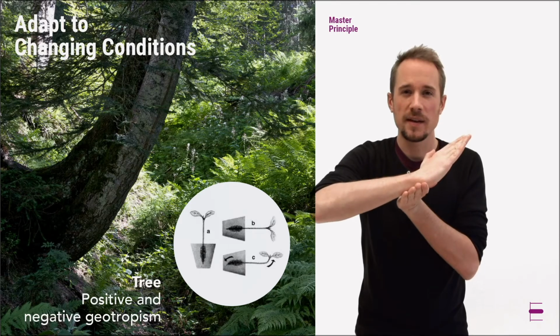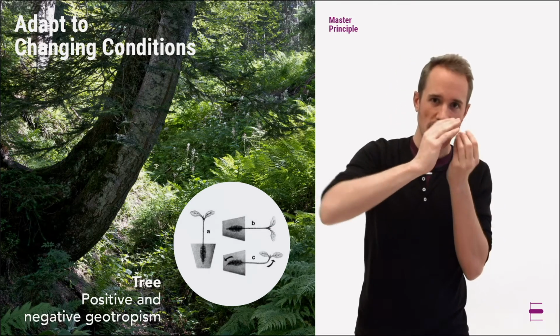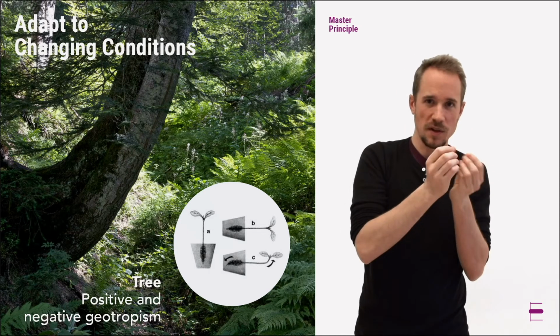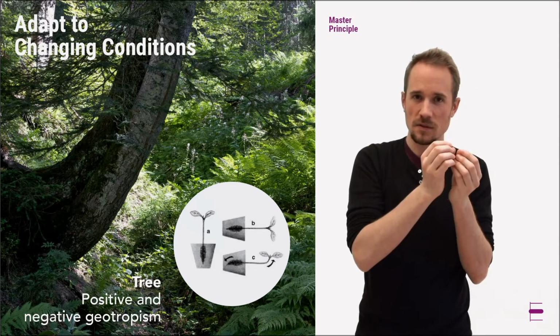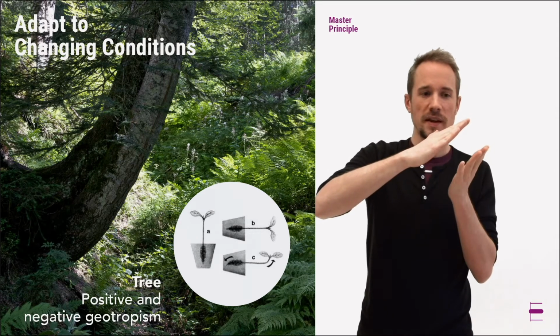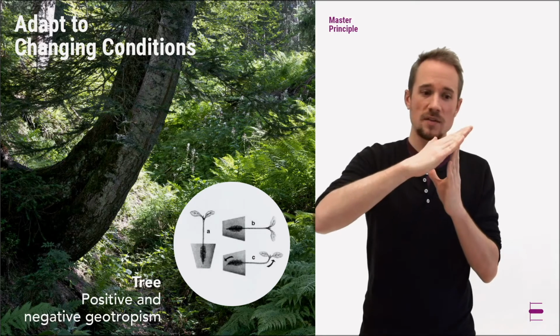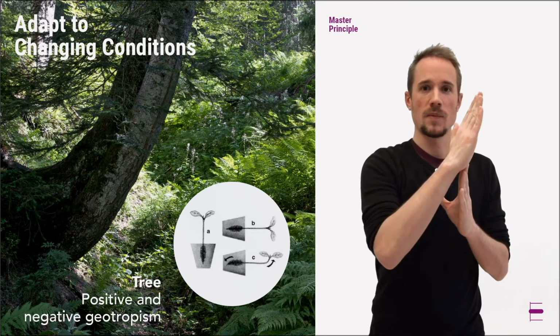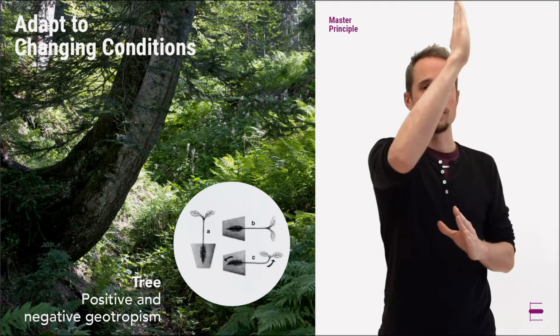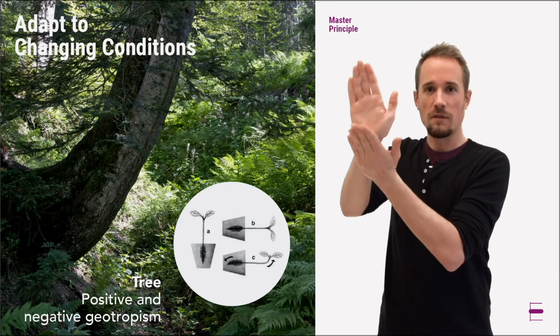Well, the tree has the possibility to detect gravity in its cells through sedimentation of small little grains in cell organelles, so it can detect the force of gravity and it can notice that it needs to grow differently now, and it grows upwards again. So it can adapt to the changing condition of the landslide.